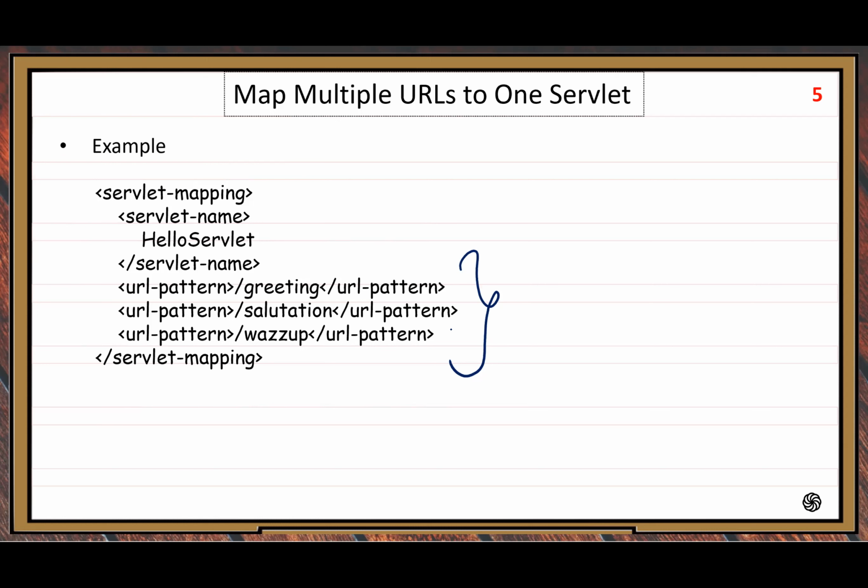Because we develop a Java web application for some special business. In the business, you consider using different URLs for different business purposes, right? Each URL corresponds to some specific business purpose.